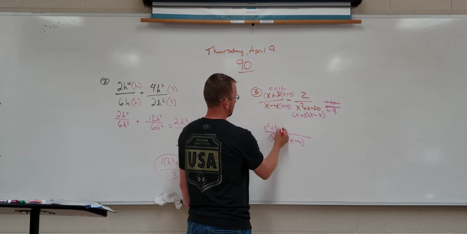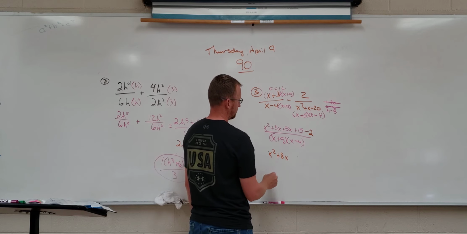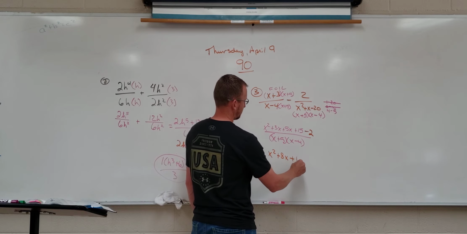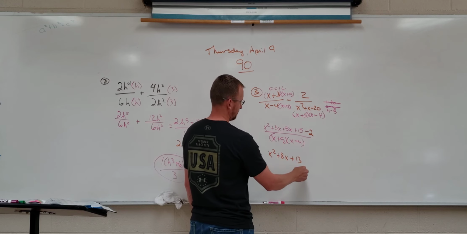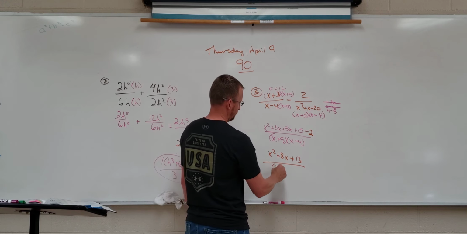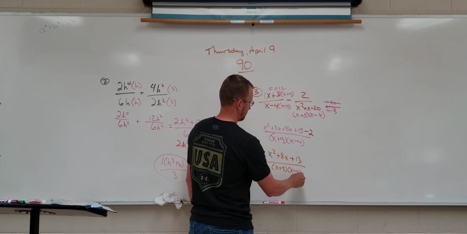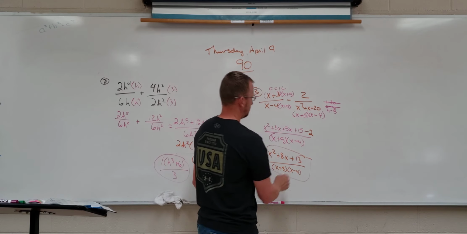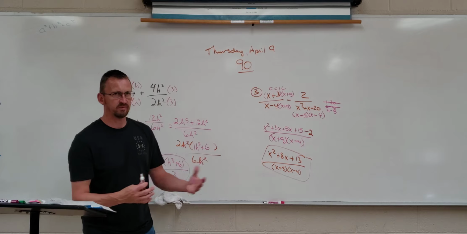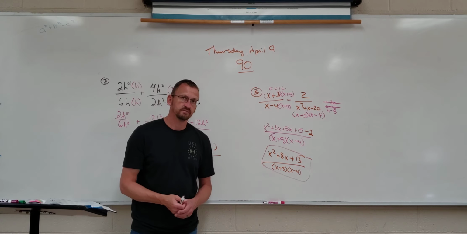And then, don't forget this, minus 2. Combine like terms, x squared plus 8x plus 13. 15 minus 2 gives me my 13. And the bottom simply stays the same. You cannot do anything with these. That is your answer. Don't simplify anymore because you can't.